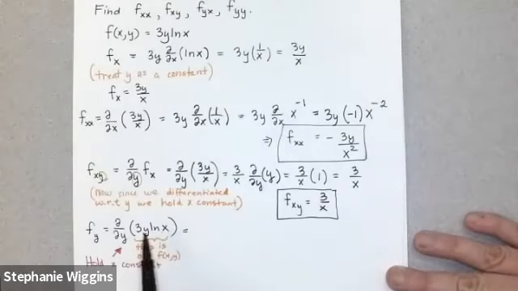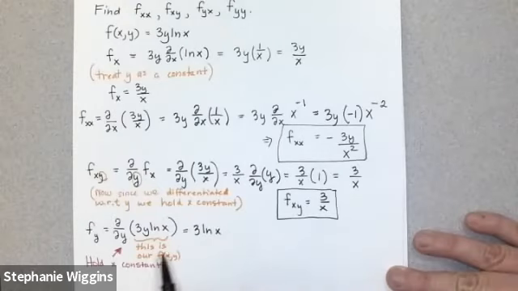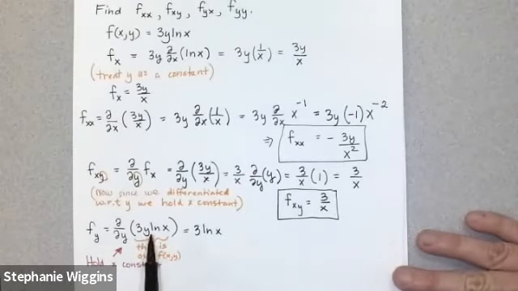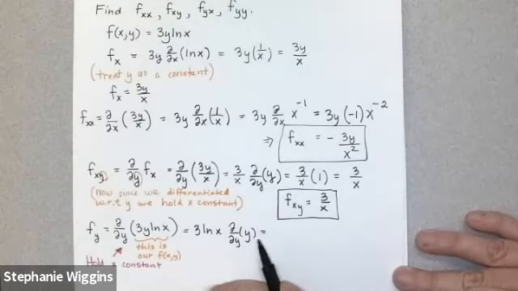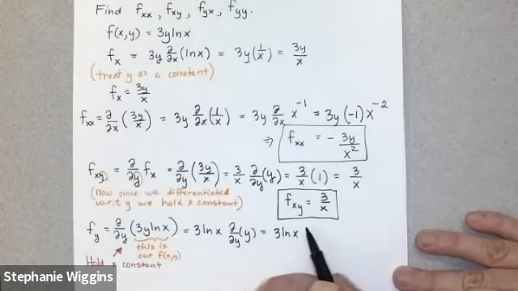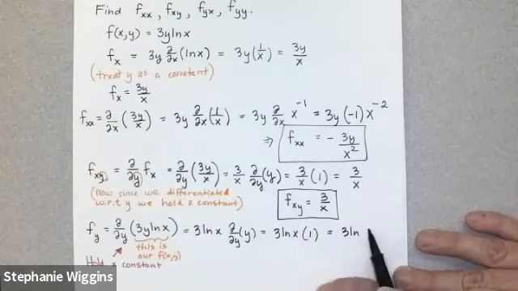So we bring that out. We can also bring the 3 out. And what's left is the y. So we're going to differentiate the y. And this, of course, is 1. The derivative of y is 1. So we're going to get 3 ln x times 1, which, of course, is just 3 ln x.